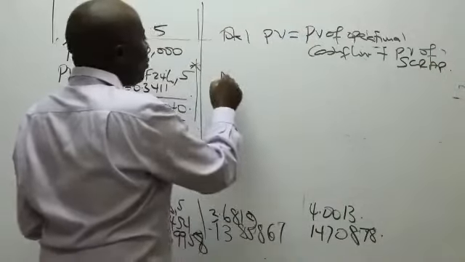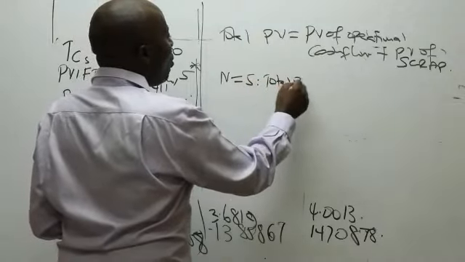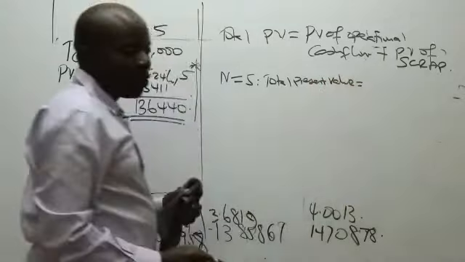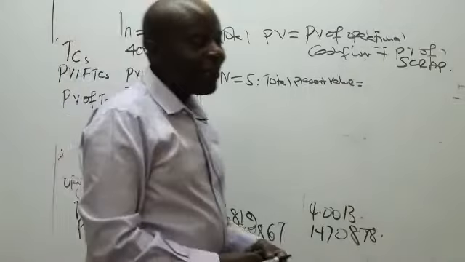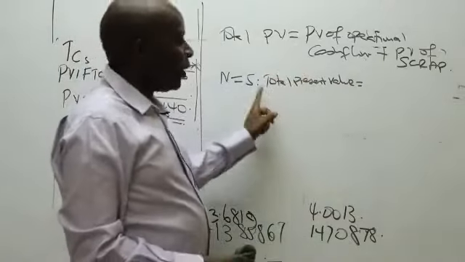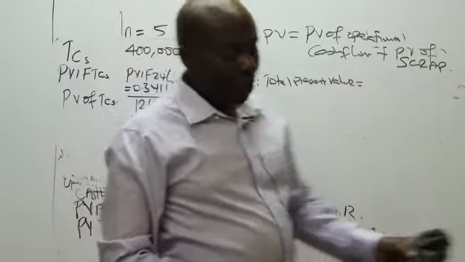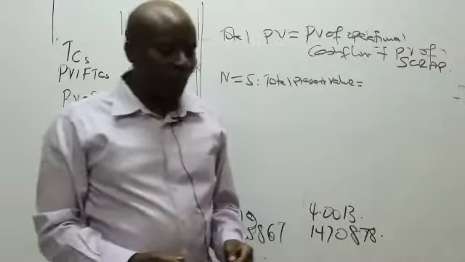We start with N equals 5. The total present value will be equal to what here, somebody, when N equals 5? What will be the total net present value?